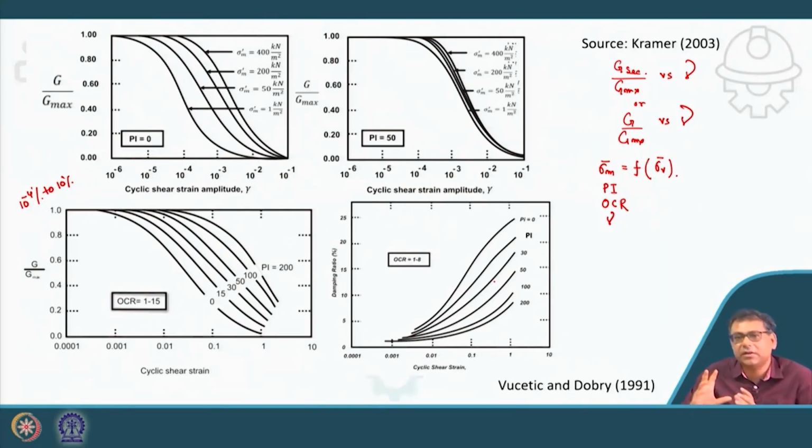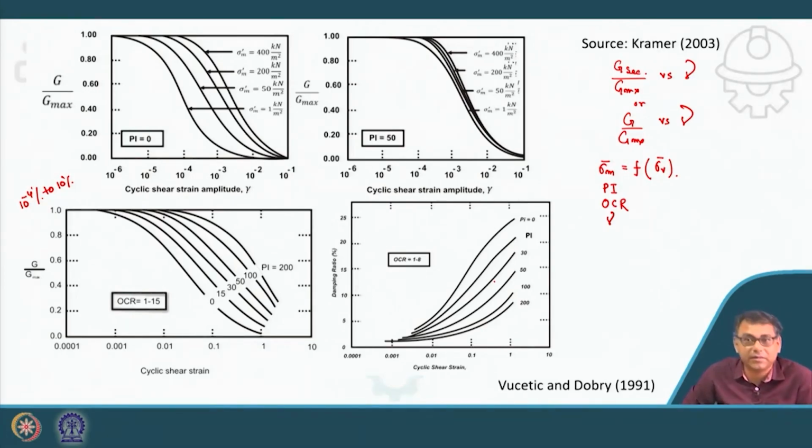So you do the test under very high confining pressure, and then you develop the G by G max curve. Now that G by G max curve is used when you are doing your numerical analysis to simulate that experimental result, but your actual confining pressure is very low.